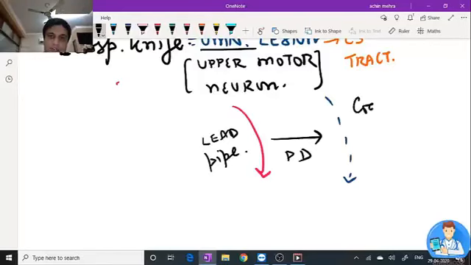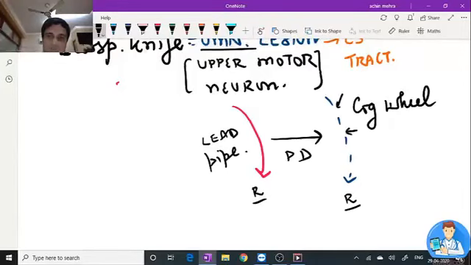With a gap in between is cogwheel rigidity. So what are these gaps? If I take this R as the resistance of rigidity, these gaps are created by the superposition of tremors. So tremors superposing on the rigidity make it go from lead pipe to cogwheel type.